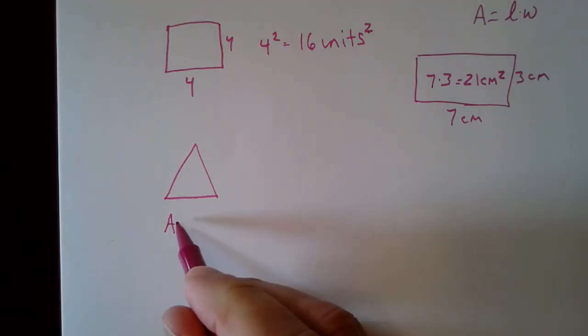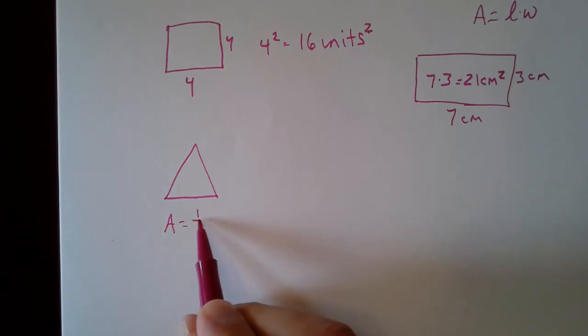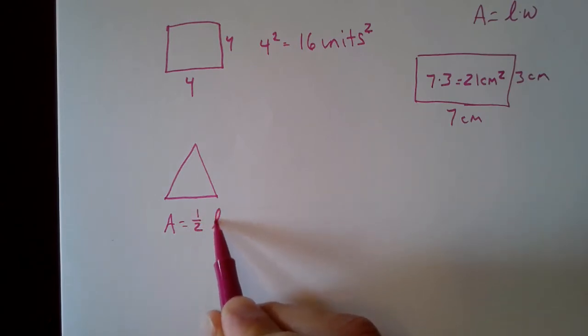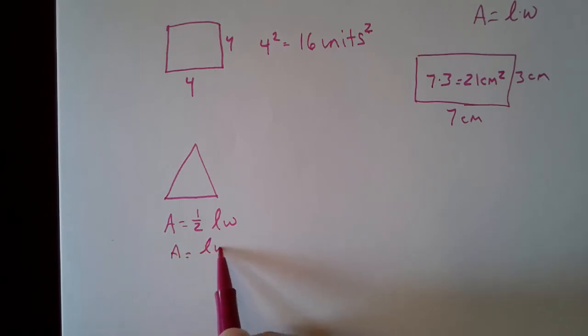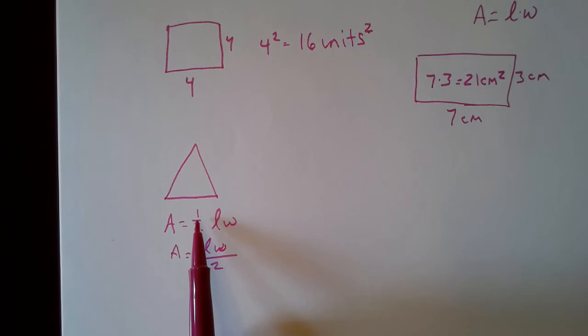So the area, there's two different ways you might see it, is 1/2 length times width, or it might be length times width divided by 2. Either one of those will get you the same thing. If you multiply the length and the width times half, it'll be the same thing as if you multiply the length times the width and divide by 2.